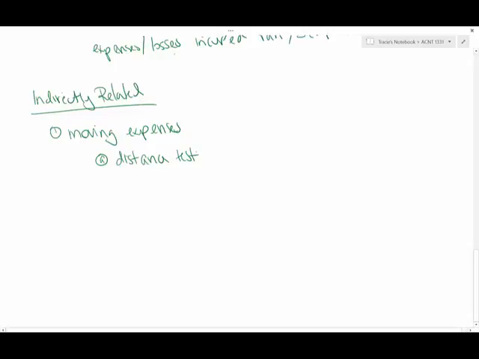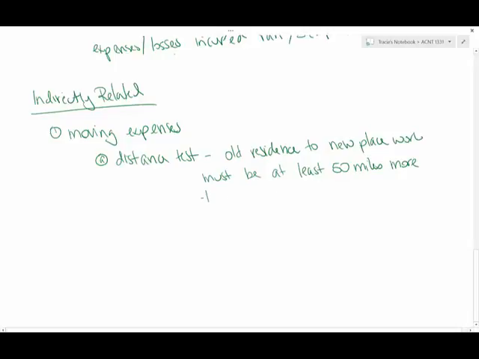And to satisfy the distance test, the IRS says that the distance from the taxpayer's old residence, so their old home, to their new place of work must be at least 50 miles more than the distance from their old residence to their old place of work. That didn't make any sense.